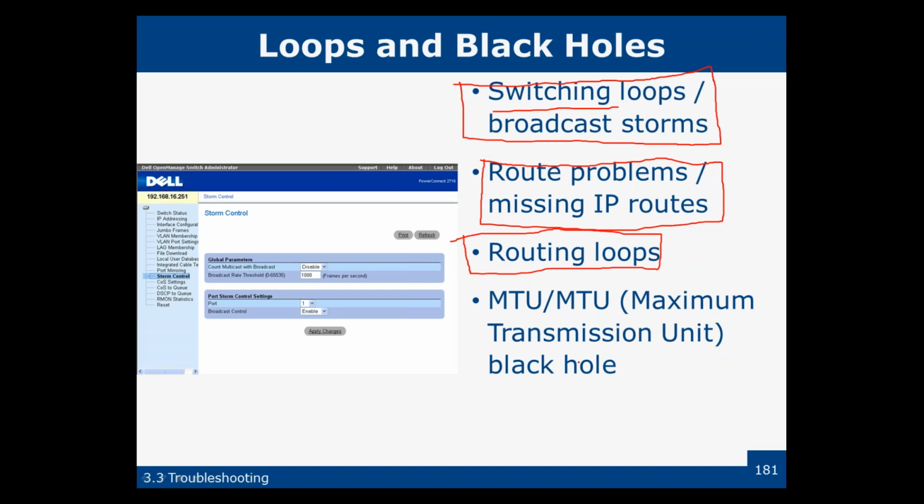MTU, maximum transmission unit, black hole here. What's going on with the MTU? Do we have an MTU problem? IPv6 is going to be a lot more efficient in that IPv6 checks the whole path before it actually starts sending anything, so it knows how big of a packet can be sent.